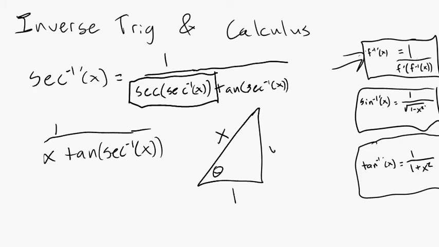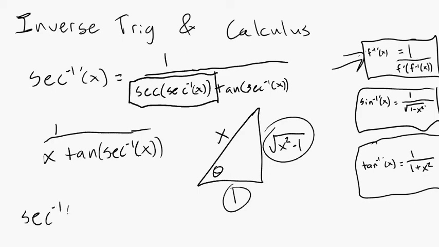So that's the square root of x squared minus 1. So then tangent is opposite over adjacent. So then we get secant inverse prime of x equals 1 over x square root of x squared minus 1. And box.